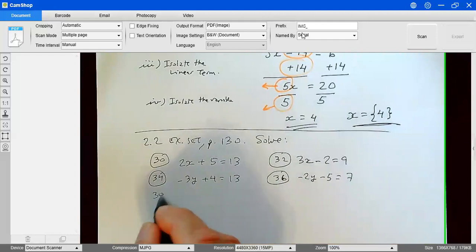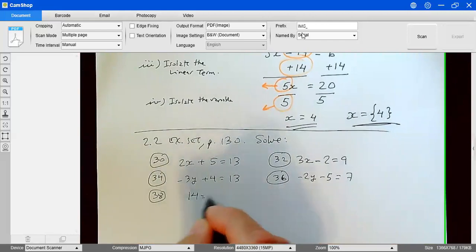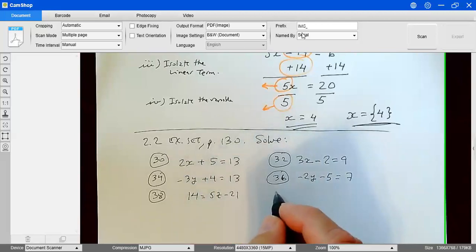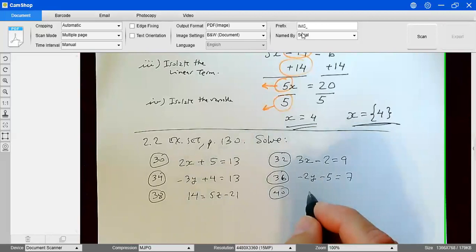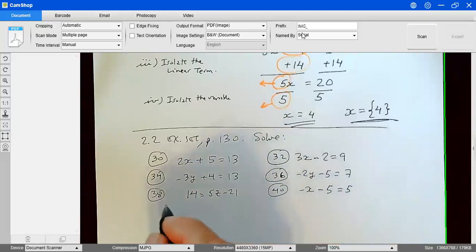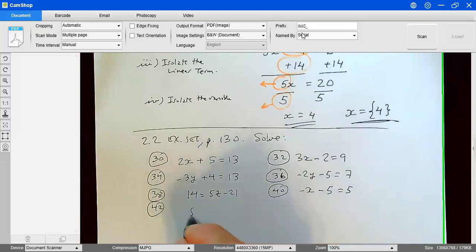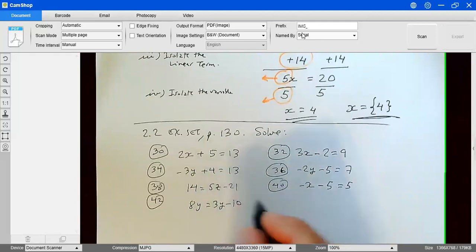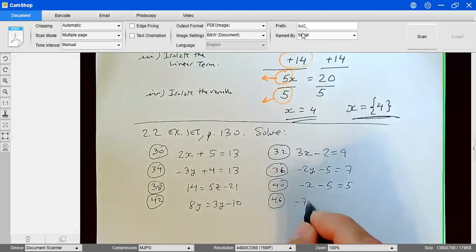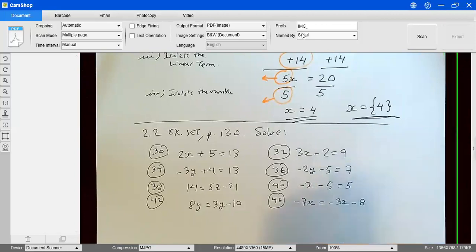Problem 38 is 14 equals 5z minus 21. Problem 40 is negative x minus 5 equals 5. Problem 42 is 4y equals 3y minus 10. And 46 is negative 7x equals negative 3x minus 8.